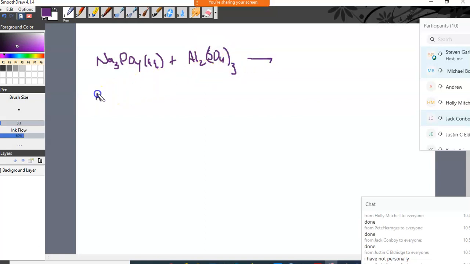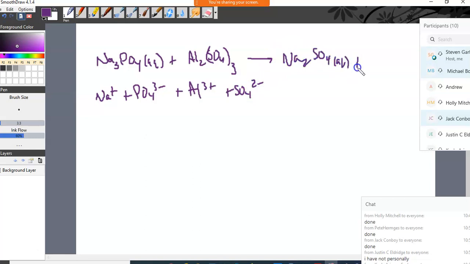So we did the Na plus, the phosphate 3 minus, plus aluminum 3 plus and the SO4 2 minus, and then we got sodium sulfate, which was aqueous, plus aluminum phosphate, which was a solid.